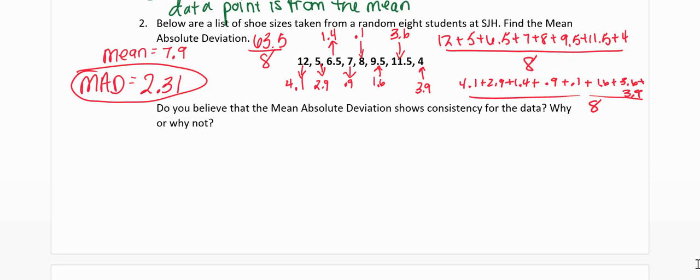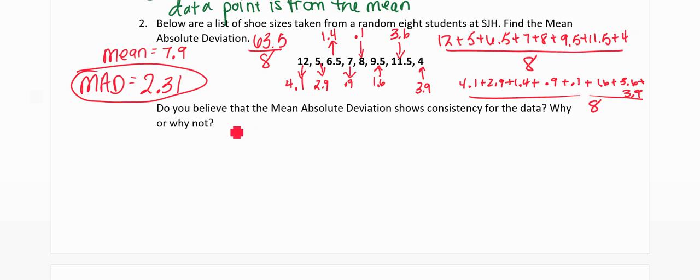Okay, so do you believe that the mean absolute deviation shows consistency for the data? Why or why not? So remember, we're looking for a small mean absolute deviation. So let's talk about what this means for this situation. If I look at my mean, 7.9, that's almost a size 8 foot.